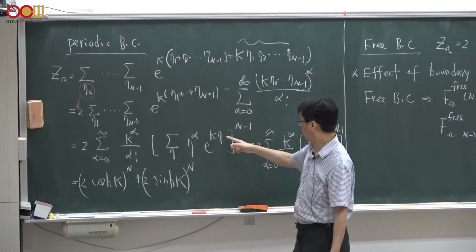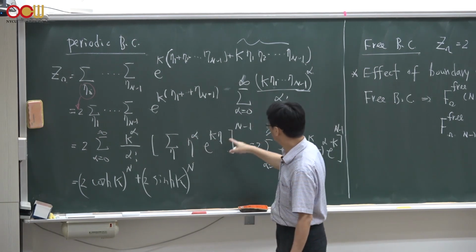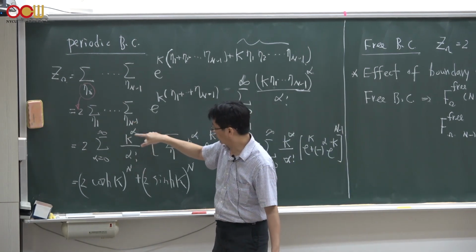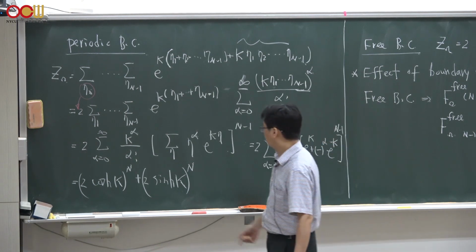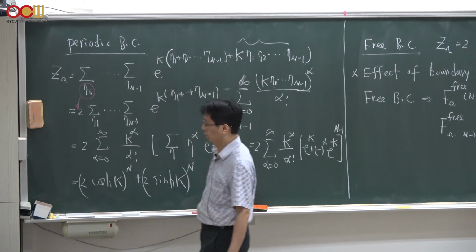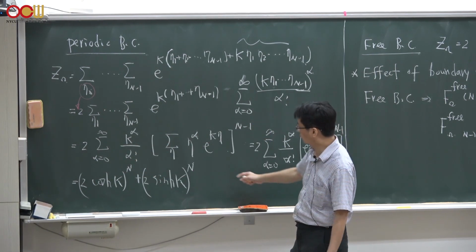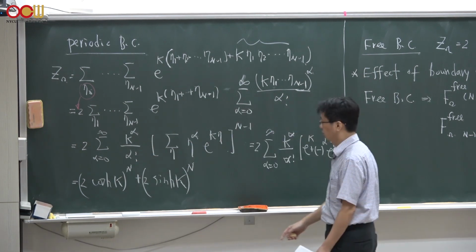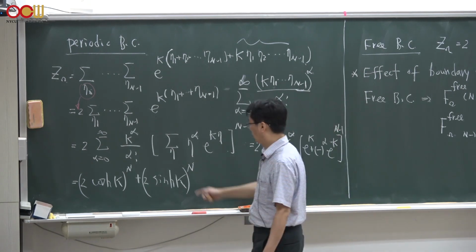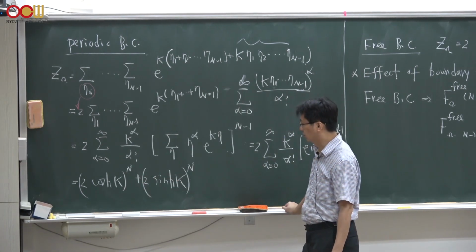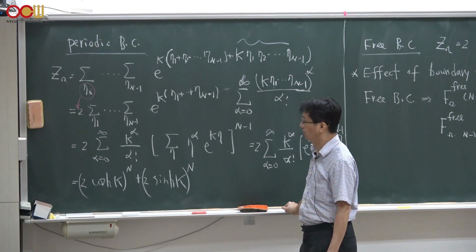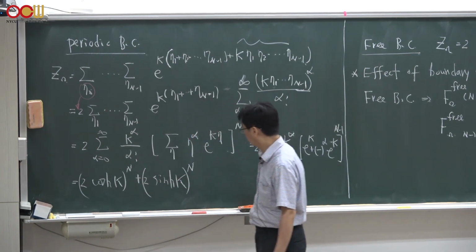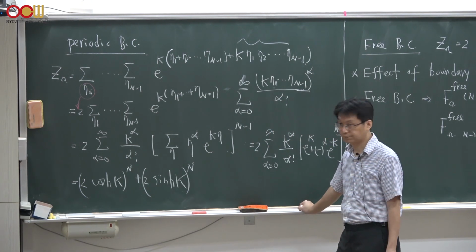Therefore, you get this single summation over eta to the power of n minus 1, and you simply copy all the remaining factors here, and you can again sum over alpha from 0 to infinity, because this is an easy task, to sum over alpha and sum over eta. You obtain this slightly different form of the partition function, which is 2 times cosh k to the power of n plus 2 times sinh k to the power of n.